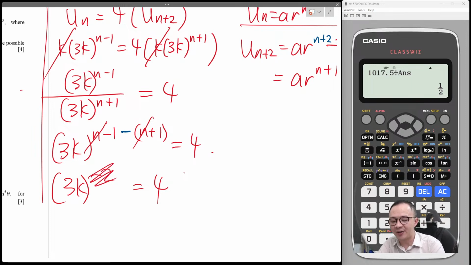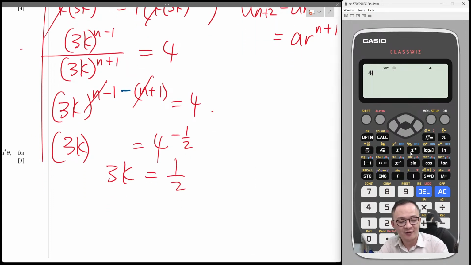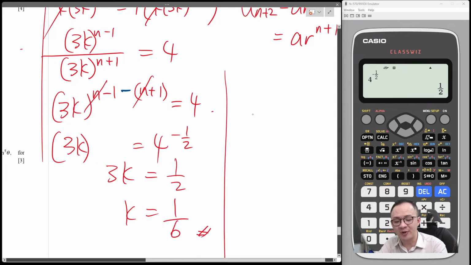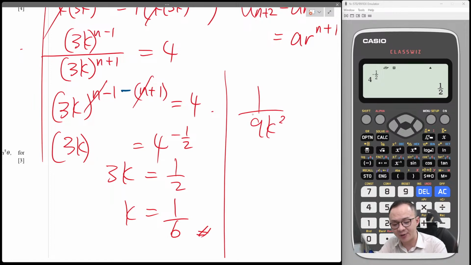So 3k will equal 4 to the power of negative 1 over 2, which should be 1 over 2, right? Yes. So k will be 1 over 6. I think should be alright. What, 9k squared equals 4.